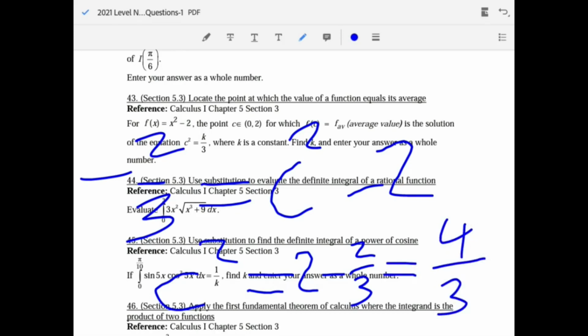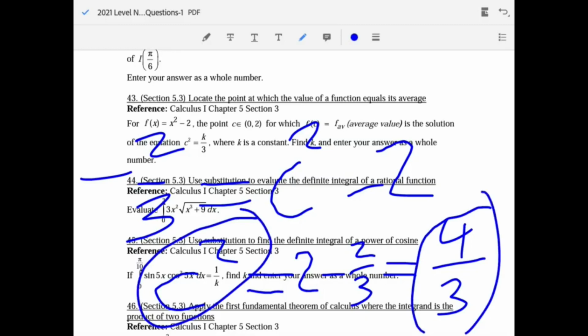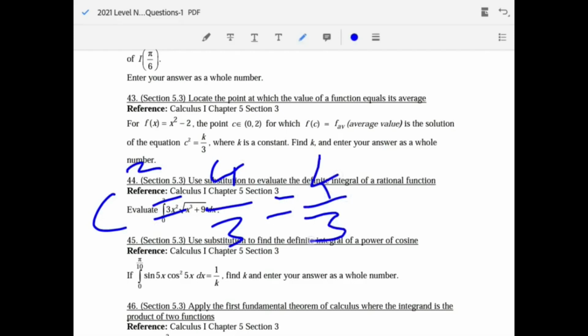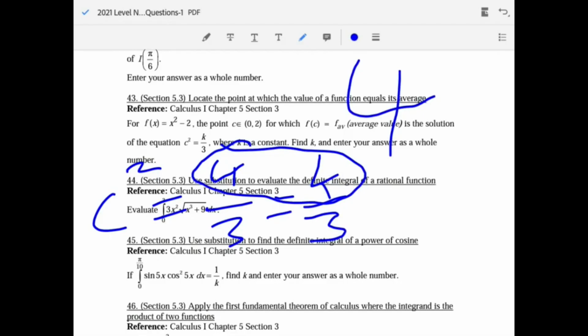If you notice, we already got this form: c squared equals something over 3. So k over 3 equals 4 over 3, so k is 4. So the answer is 4. And that's it for 43.